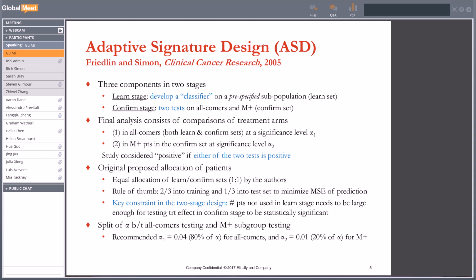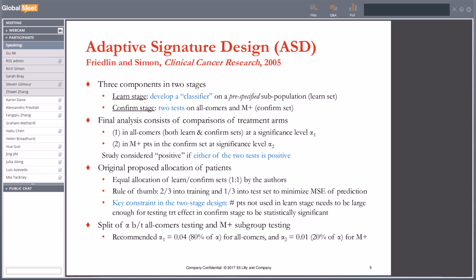Next is the confirmed stage, where we have 2 pre-specified tests for the treatment effect. One test is done for the all-comers, both marker-positive and marker-negative, and the other for marker-positive patients only, where those marker-positive patients are selected for the confirmed set. It should be emphasized that when we identify those marker-positive patients at this confirmed stage, no patient in the learned set should be used.